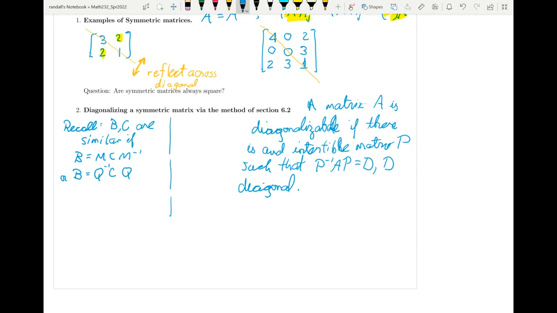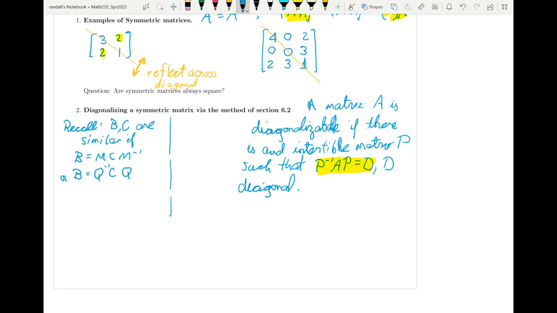But going back to our formula on the right, this is what we mean by diagonalizable. A is diagonalizable, and D is the diagonal matrix. It is important that you put the P inverse on the left of A and the P on the right.